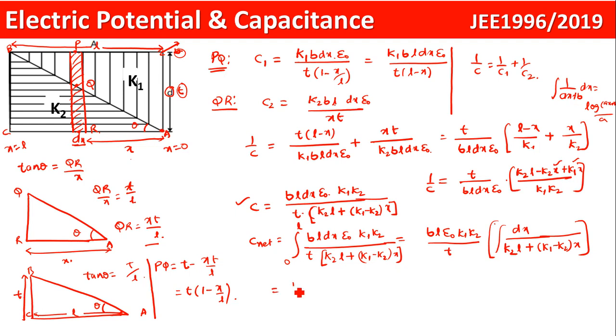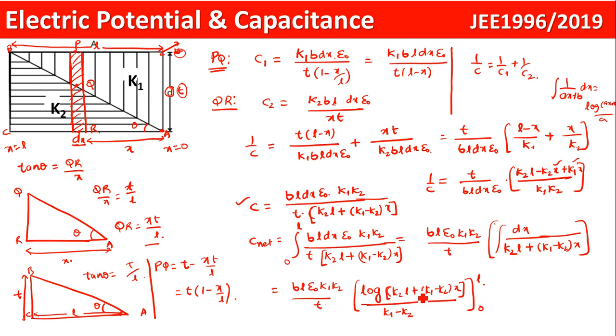Now let me find out BL epsilon naught K1 K2 by T into the integral, which is nothing but log of K2L plus K1 minus K2 into x divided by the coefficient of x, K1 minus K2, and the limits of x are from 0 to L.